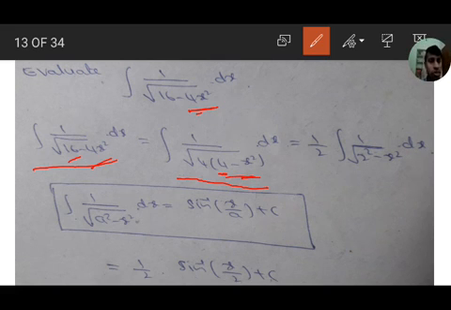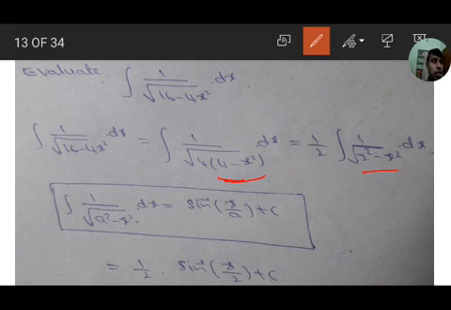Root 4 means 2, so 1 by 2 comes outside, integration, and 4 can be written as 2 square, square root of 2 square minus x square.